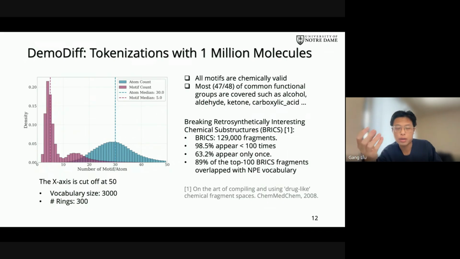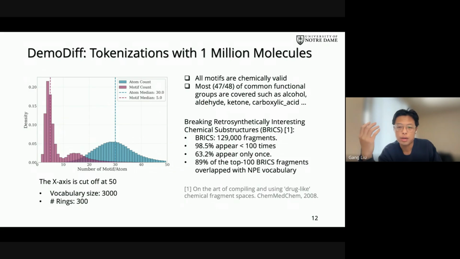All these motifs are chemically valid. We preliminarily define a set of common functional groups, and we find that almost all of them are covered in the vocabulary.